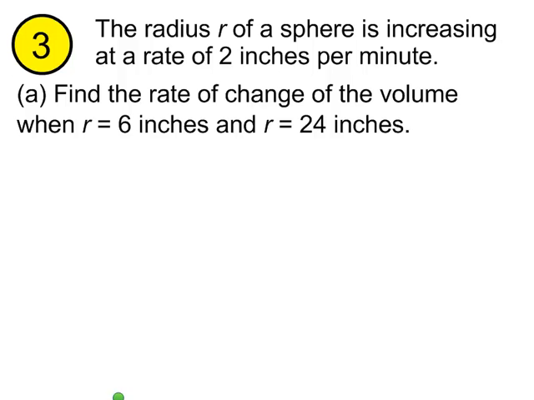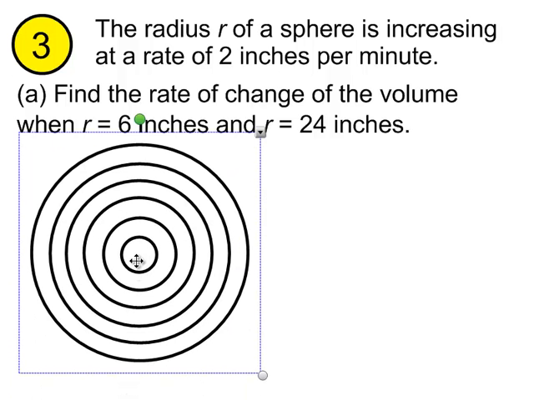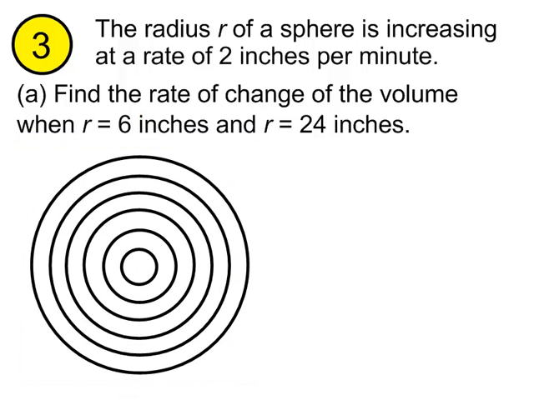Obviously I can't draw a 3D image on a 2D screen, but let's do the best we can with this. Let's picture that we have a circle that's growing in radius of 2 inches per minute. As the circle grows from this size and it grows 2 inches in radius to this size, notice that its area increased by this much.